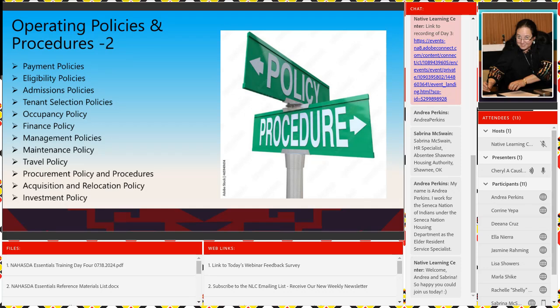Make sure you got a good filing system for that, okay? Your procurement is definitely your A&O and your procurement are your two, and your environmental. You got to make sure. Document, and keep it. Make sure it's accessible. Acquisition and relocation, we also have to follow, and investment if you're an investment tribe.